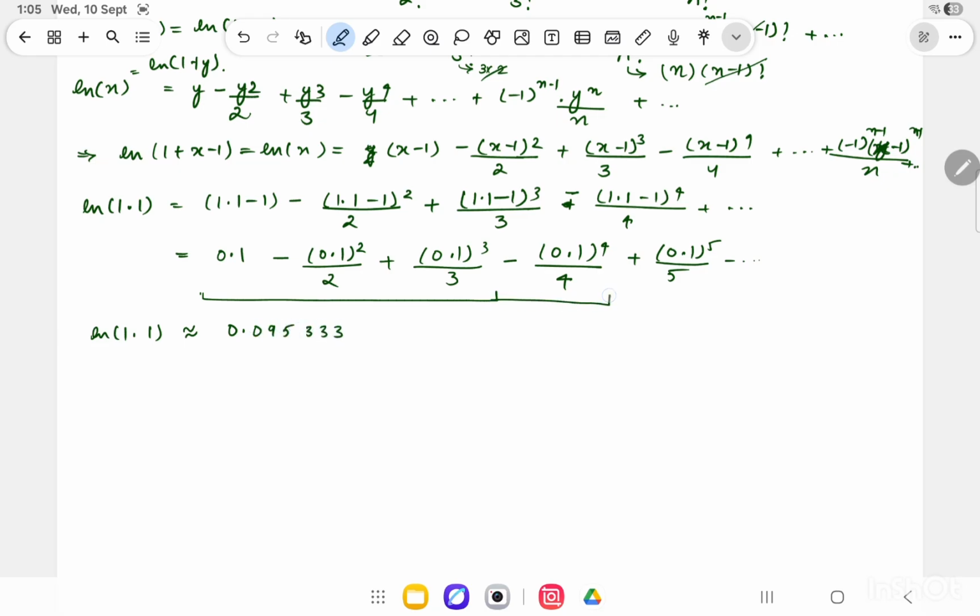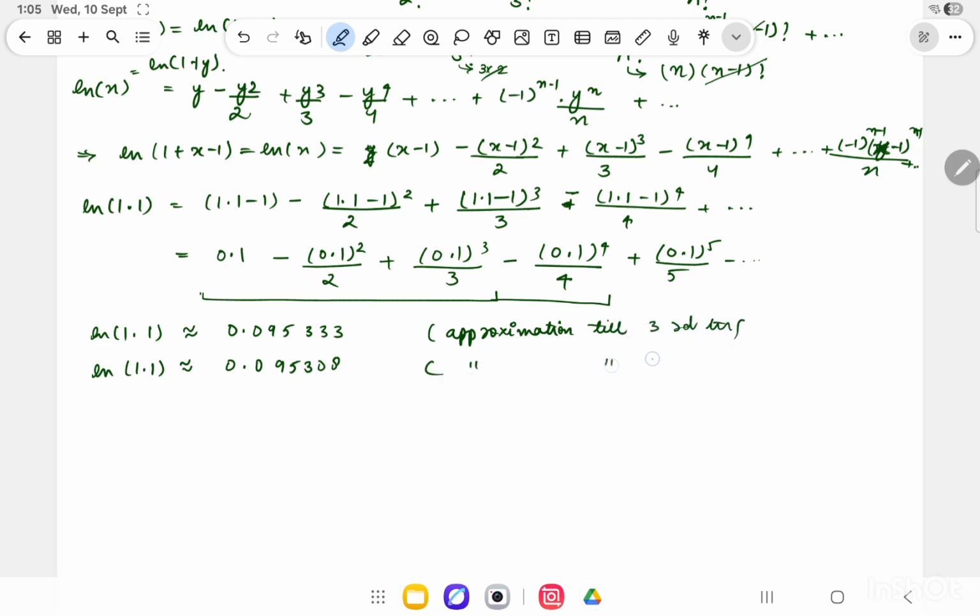and if I do it till 4 terms, I'll be getting ln 1.1 as 0.095308. So this is the approximation till the third term.